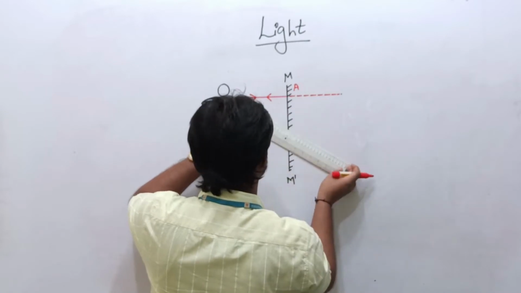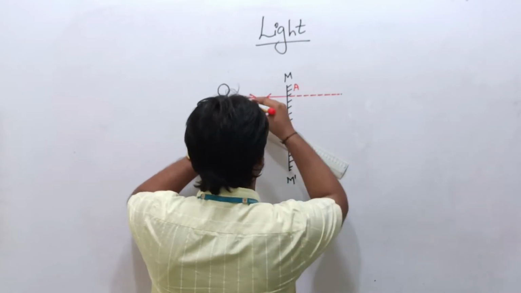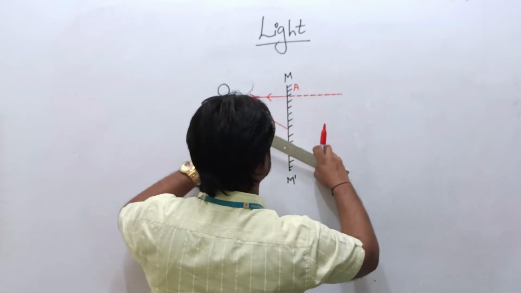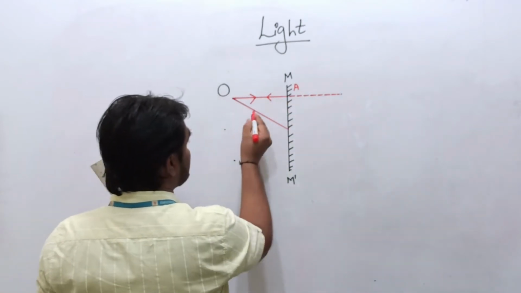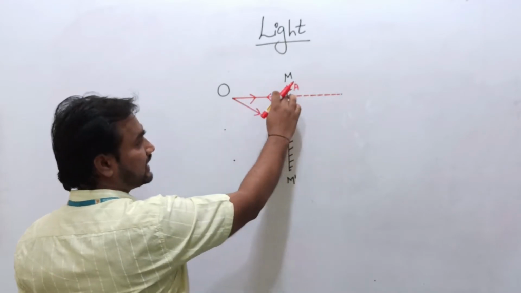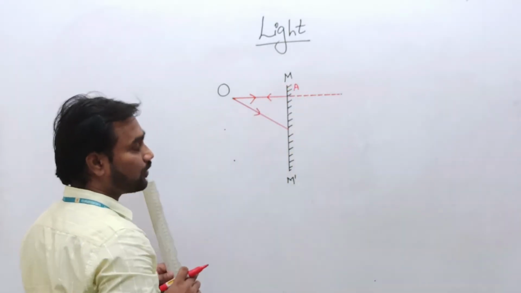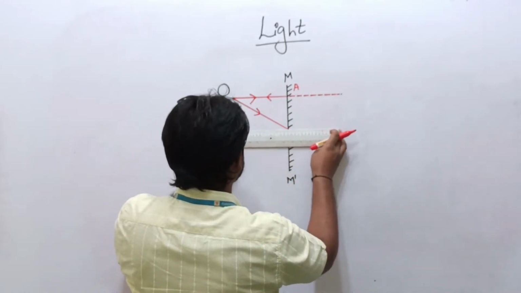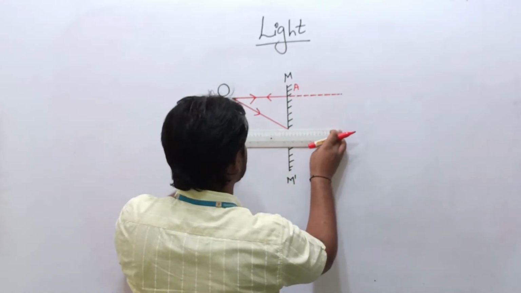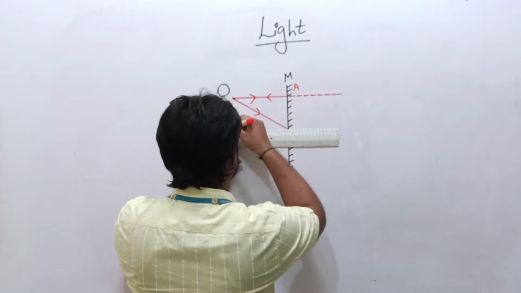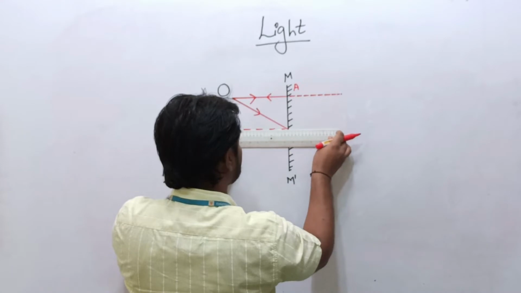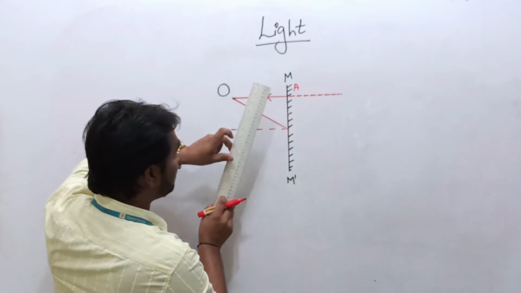This is incident at an angle, okay, this is the incident ray. So the first one is at a right angle and this one is at an angle. Now I'll draw the normal, and from here I am going to draw the reflected ray.